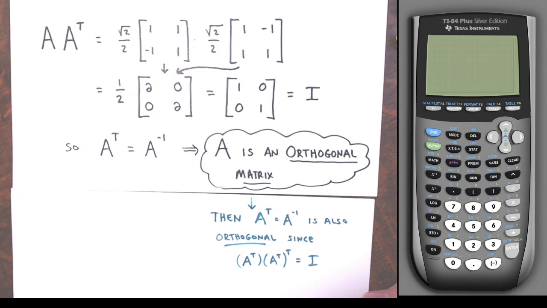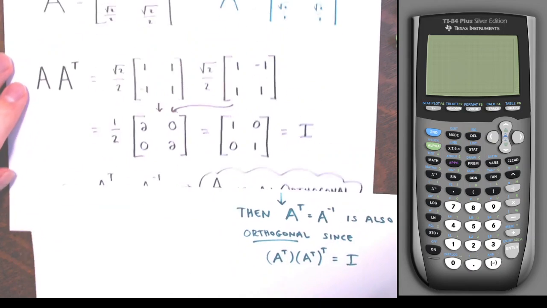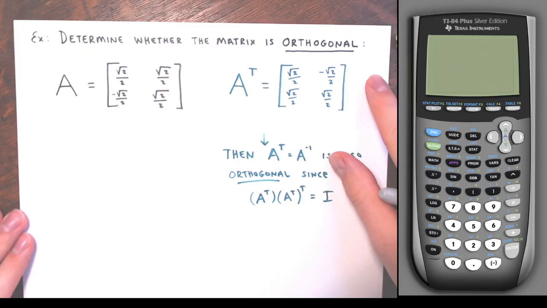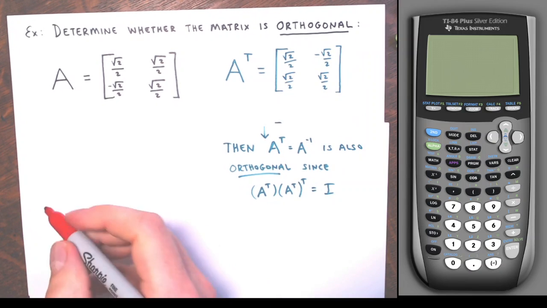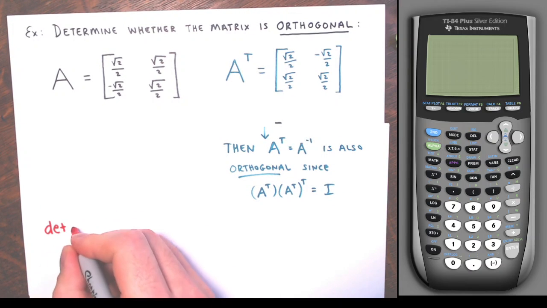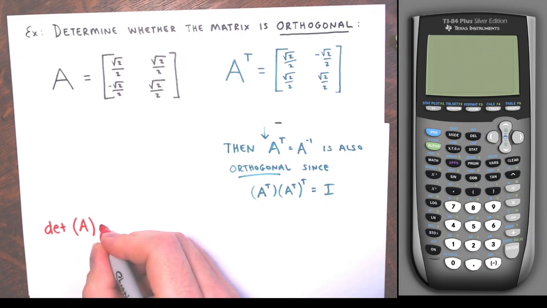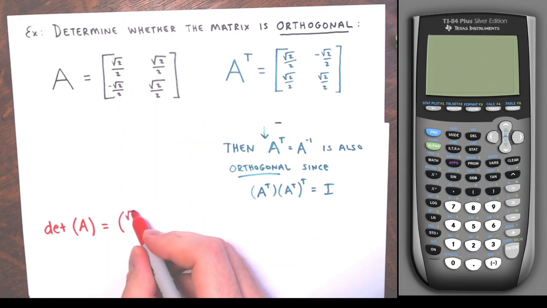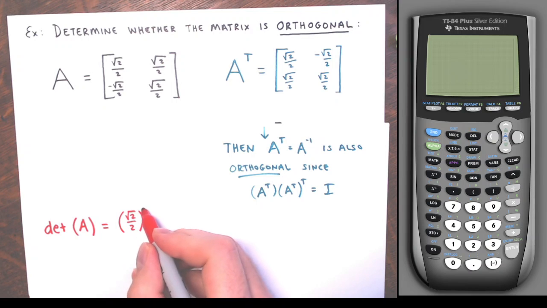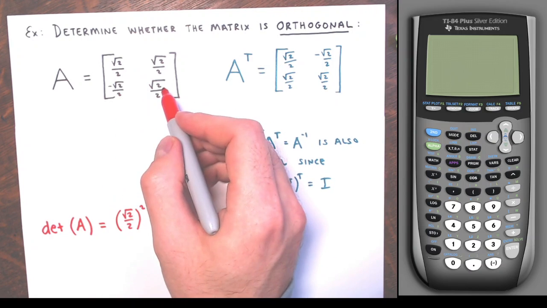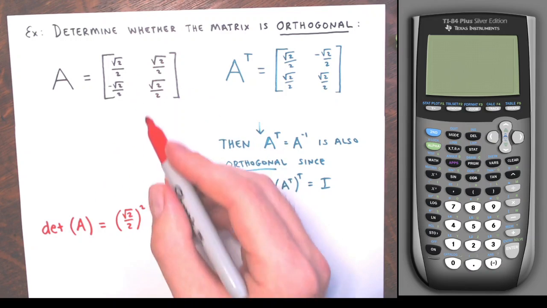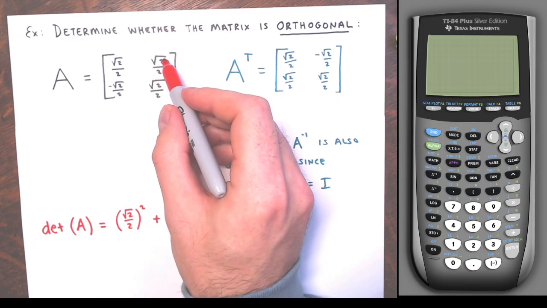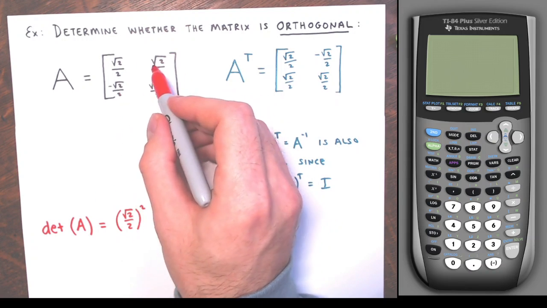Another thing, let's find the determinant of A. Now it's just a simple 2 by 2 matrix, right? So easy to take the determinant. What's the determinant of A? Well, it's just a 2 by 2, so it would be the square root of 2 over 2 squared, right, times itself, and then plus that again, because it'd be minus the product of this diagonal.